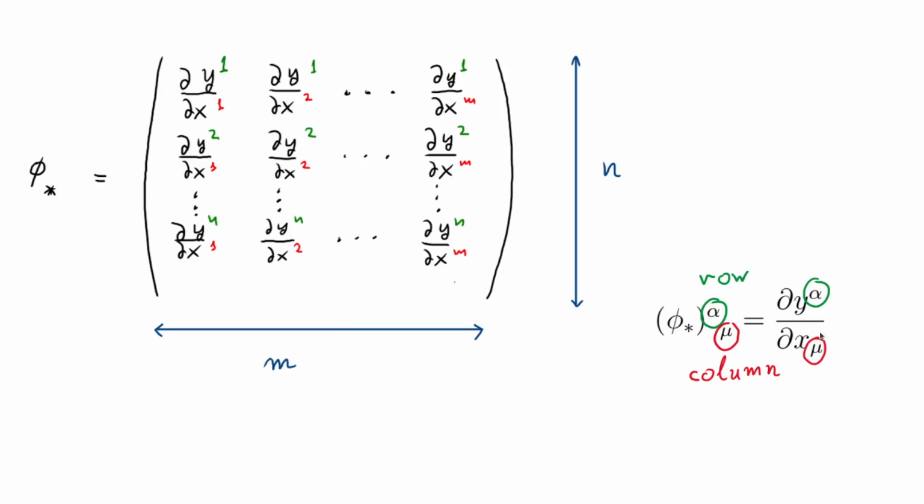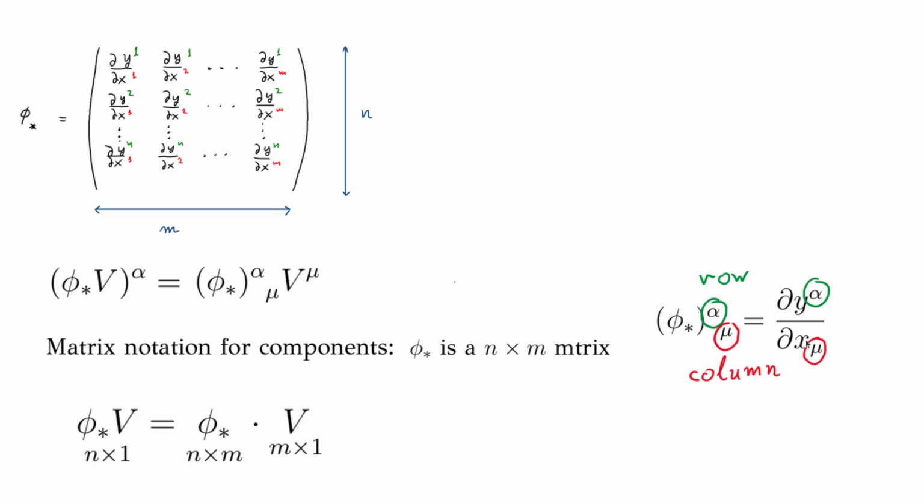Please forgive my typo here. Mu actually has to be an upper index here. So we can view this computation as being an operation on matrices. If we arrange the components of v on a column vector of dimension m, then the components of phi star v can be given in a column vector of dimension n by doing the matrix multiplication of the column vector v with the n by m matrix phi star.